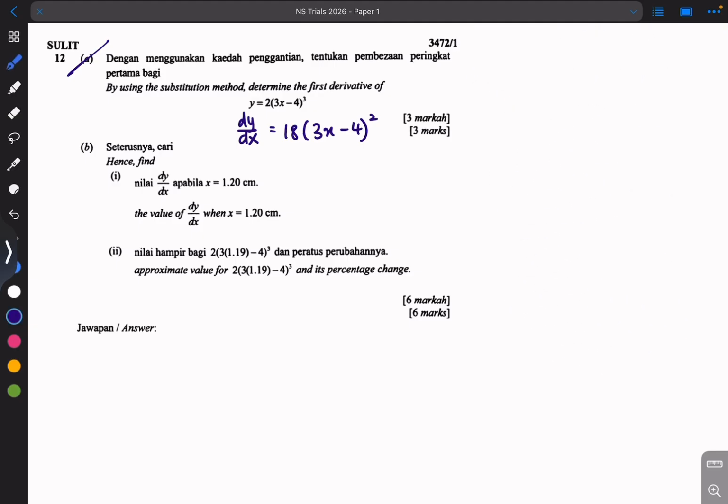Let's try B. Hence, find the value of dy dx when x is 1.2. Okay. So basically you just have to sub this into here.